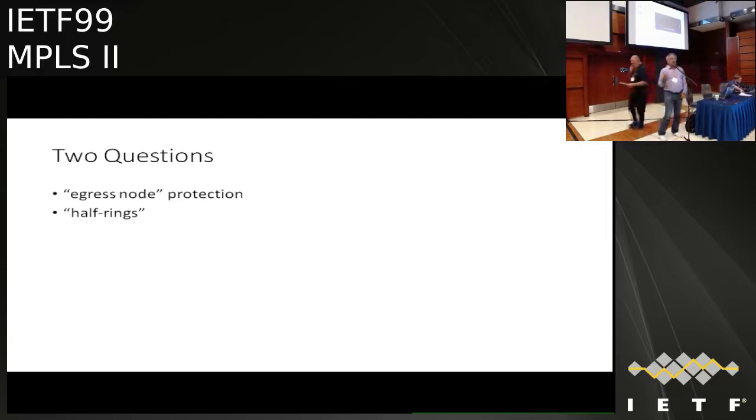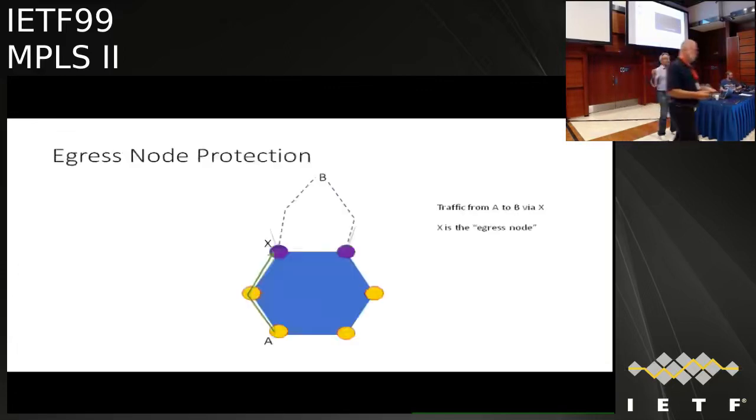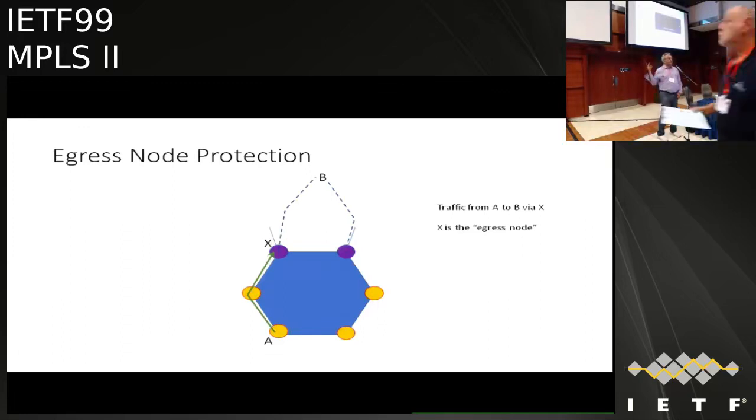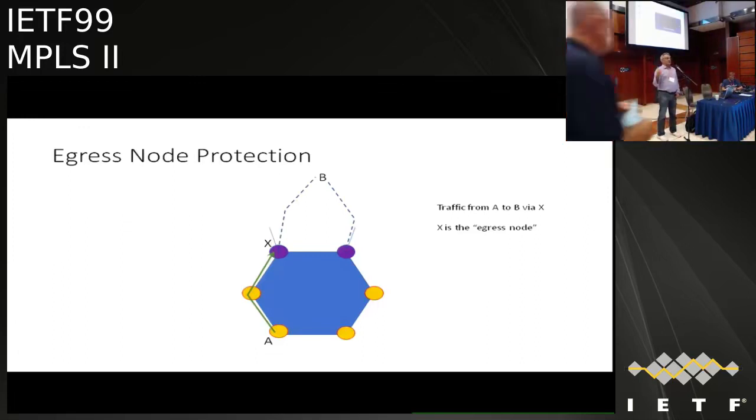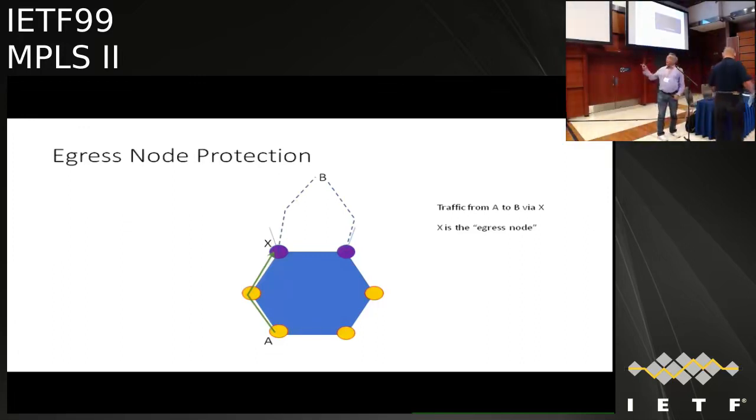So the problem is illustrated here. You have a ring, that's the thing in blue. You have these two purple devices, which is the ring's connectivity into the bigger network. If I have a node A talking to a node B outside the network, it's exiting from the purple node called X. If a link fails, RMR will give you protection going back to X via a different path, and then you can continue.